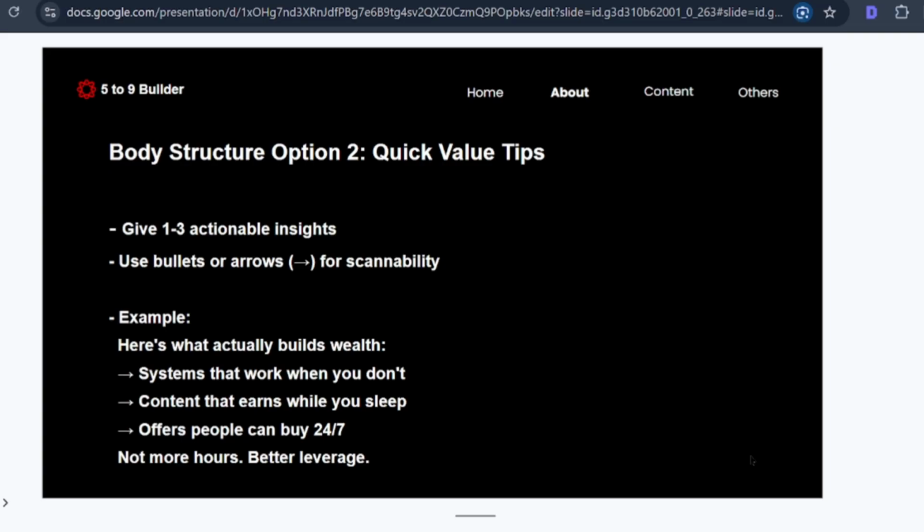If you want to save money, try to spend maybe 50% of your income, take 30% of your salary to do this, 20% to do this. You see, this is how quick value tips are arranged. You give some tips using bullet points or numbering to show the person how the steps can be achieved. You understand? So that is what that means.